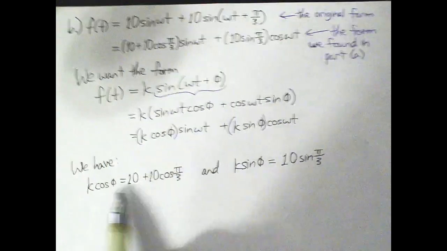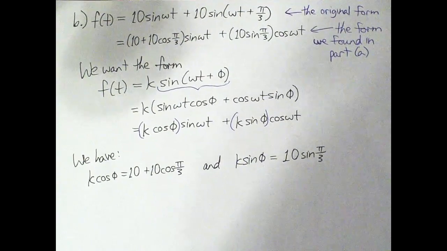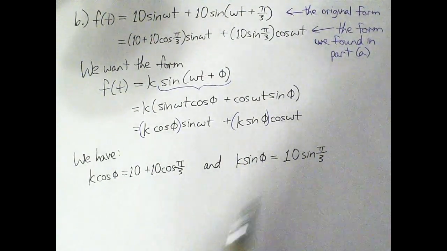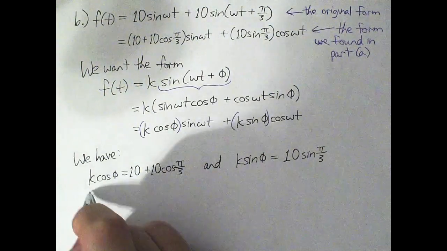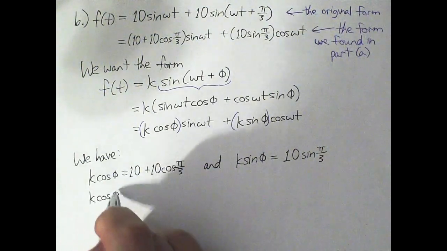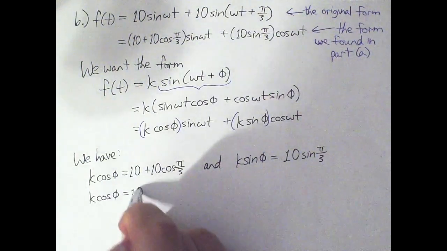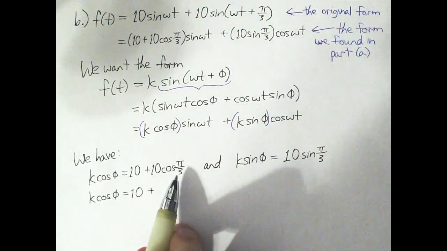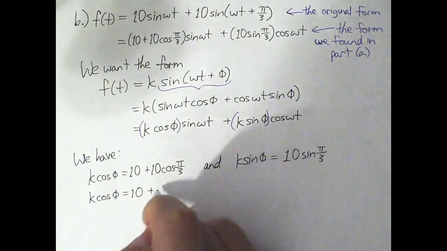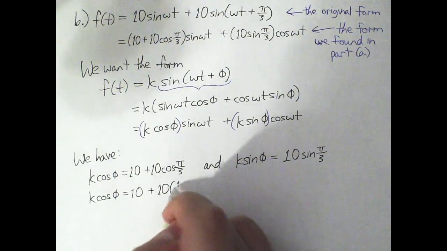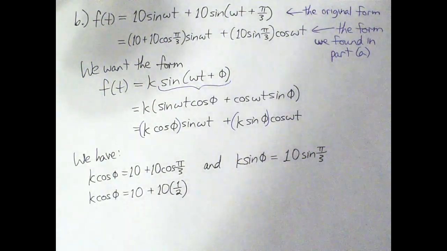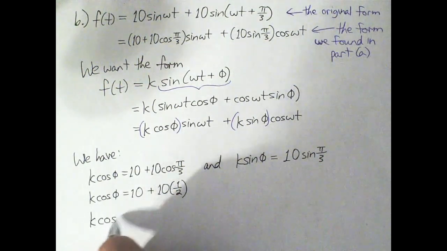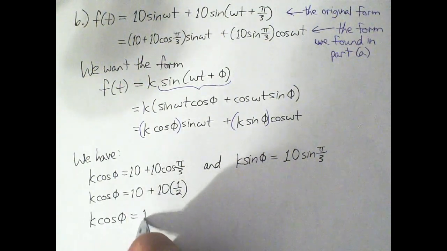We have two equations with two unknowns. Actually, the right-hand sides of these equations we can figure out completely. Let's do that. k cosine phi equals 10 plus, you know what cosine of pi over 3 is, right? Think about the unit circle if you need to. It's 1/2. So we get k cosine phi equals 15.